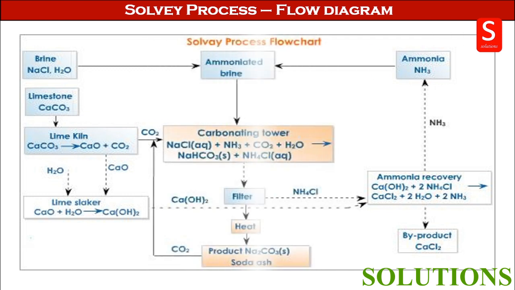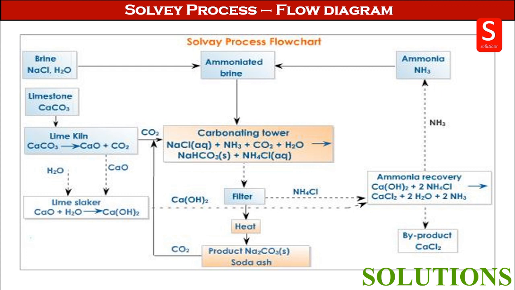Now we are going to see the block flow diagram, how the process is carried out. This process is named the Solvay process. First, limestone or calcium carbonate is passed into the lime kiln. Here limestone is decomposed into calcium oxide and carbon dioxide. And then calcium oxide is reacted with water, forming calcium hydroxide.